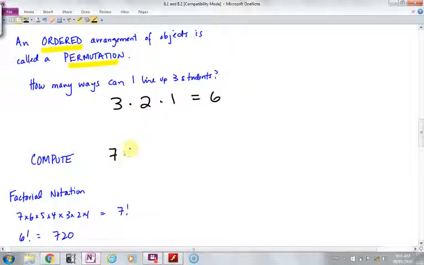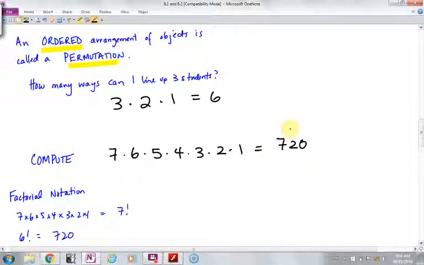Then I have 6 to pick from, and then 5, and then 4, and then 3, and then 2, and then 1. So when I multiply all those out, what do I get? 720? Okay? So 720 ways I can rearrange all those letters. They're not always going to make words, but that's not what I'm asking you. I'm just asking you to rearrange those 7 letters. So I have 720 ways I can rearrange them.